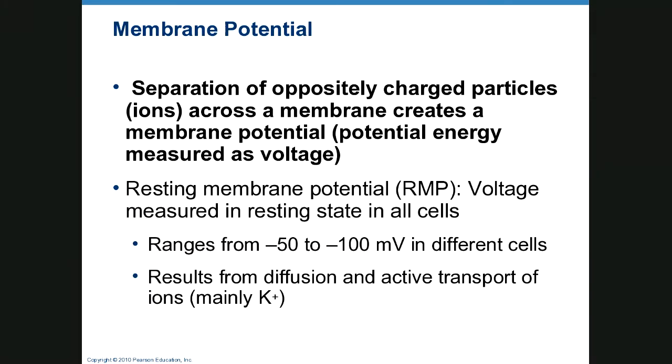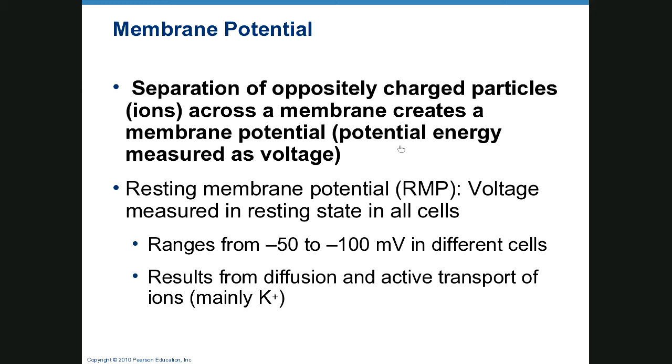Okay, membrane potential. This is the separation of oppositely charged particles across a membrane. Now, we talked about how some elements tend to give away their outer electron and therefore be positively charged. Others tend to accept one and therefore be negatively charged.